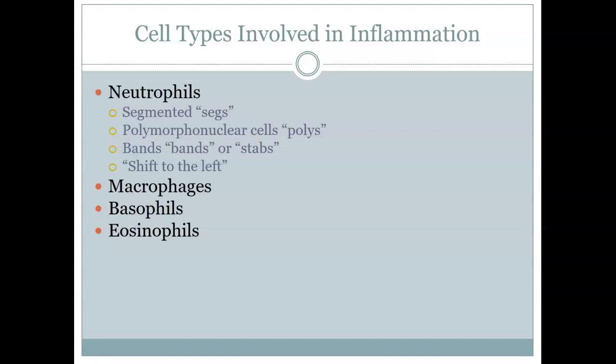So all of these different subtypes of neutrophils, when we look at a lab value that has a white blood cell count, we'll see a level of segmented, polymorphonuclear, and bands.